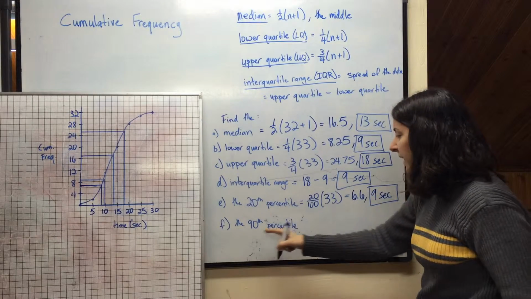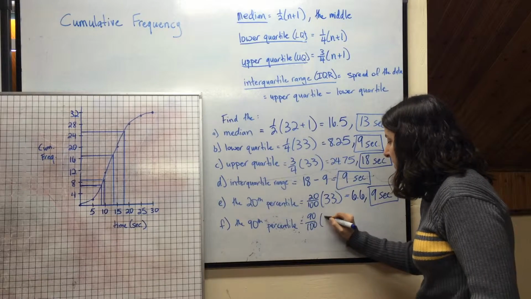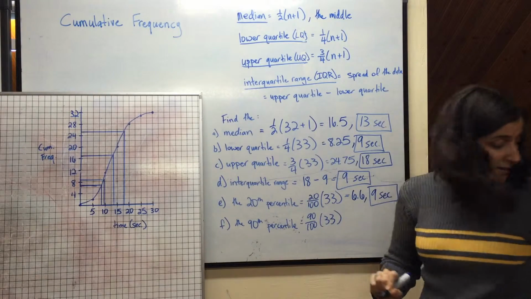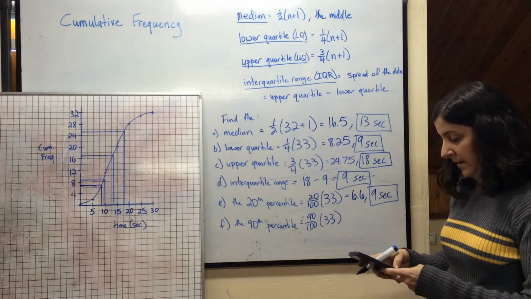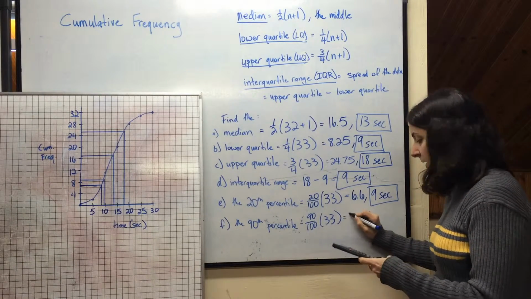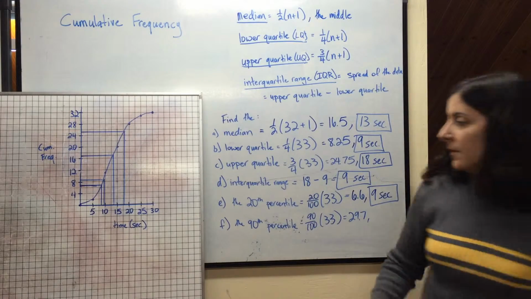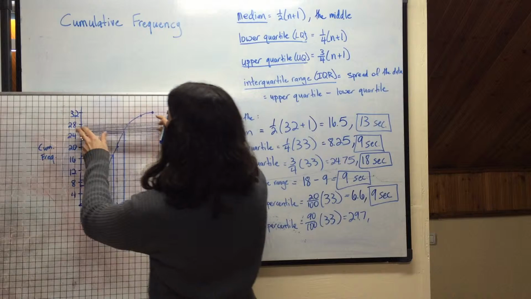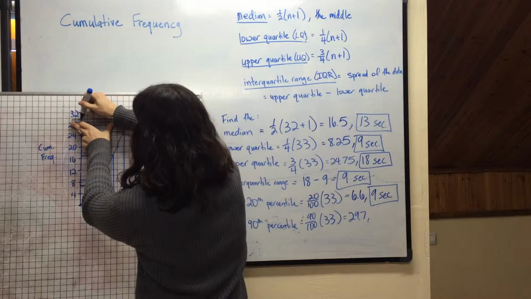And then the 90th percentile is going to be 90 over 100 times 33. So we can do 0.9 times 33, which is 29.7. We go to 29.7, almost at 30.